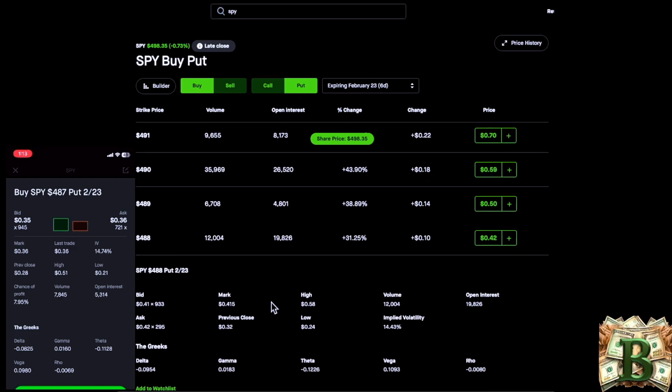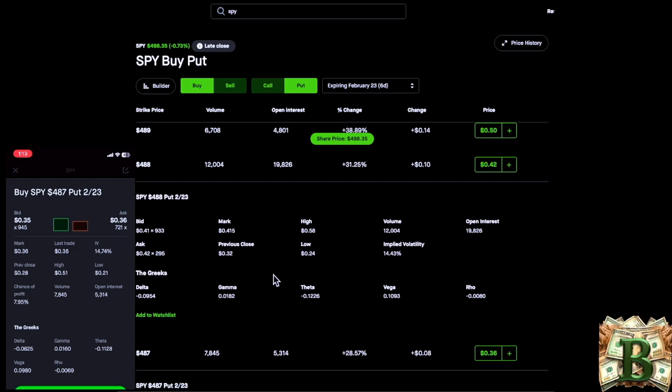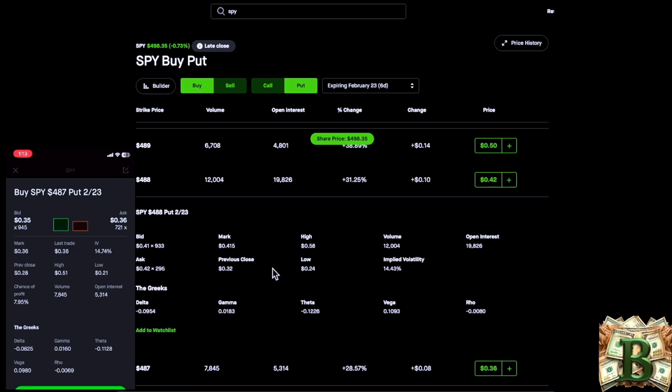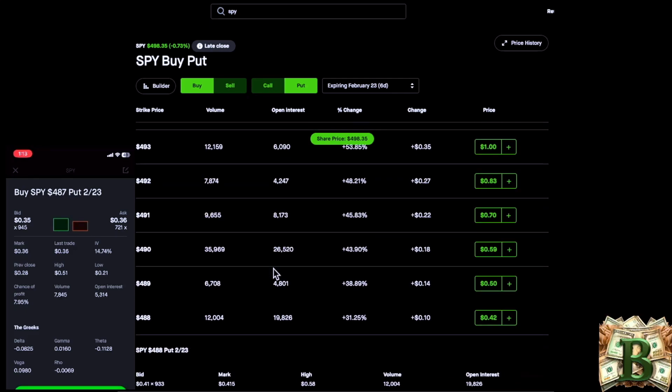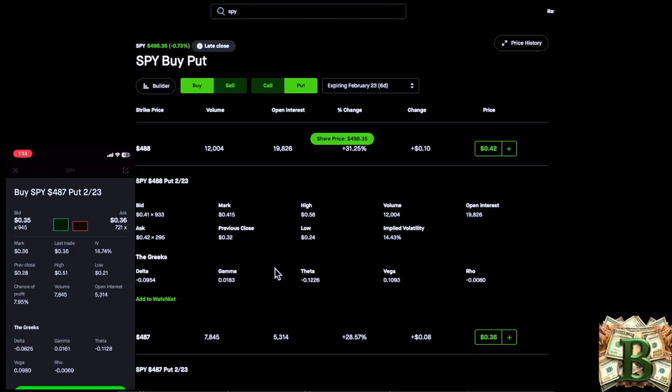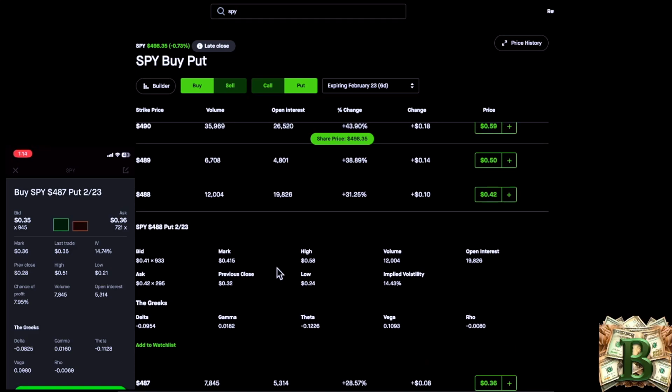Your strike price, you're still out of the money, but given that it moved down a few dollars, your contract should most likely be up. Let's put it this way: for about every 1% that SPY moves down, your contract should gain about 100% in value.